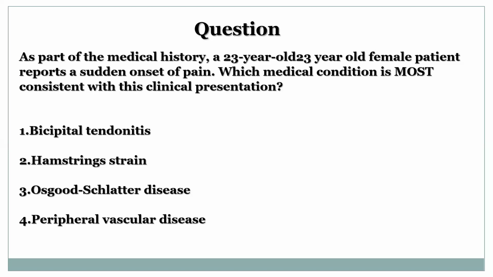Is it hamstring strain? Is it Osgood-Schlatter disease? Is it peripheral vascular disease? Okay. So we have three cases which are orthopedic related, and one case which is related to circulation, cardiovascular, or whatever you want to say.